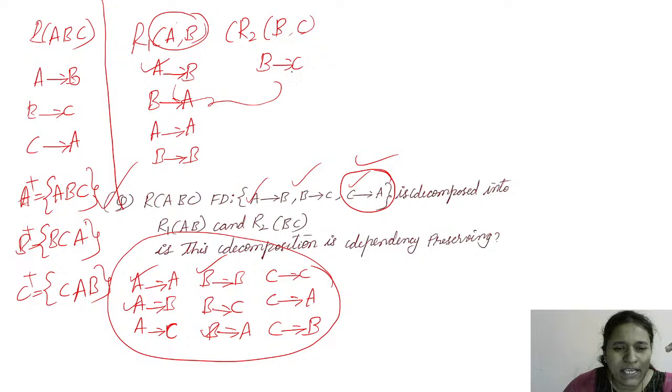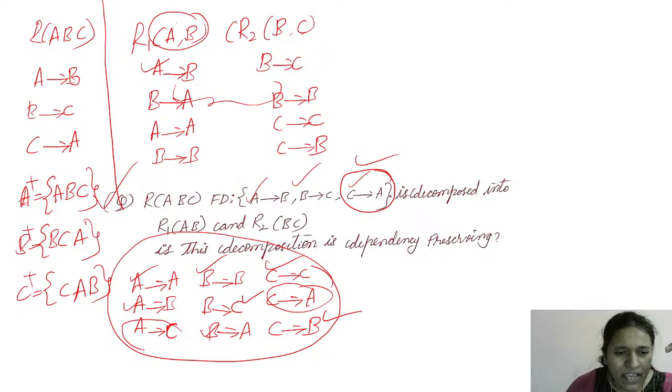Now in BC, what will we get? B to B we will get here, C to C we will get, and C to B we will get here. We are not getting C to A, right? We are getting BC also.